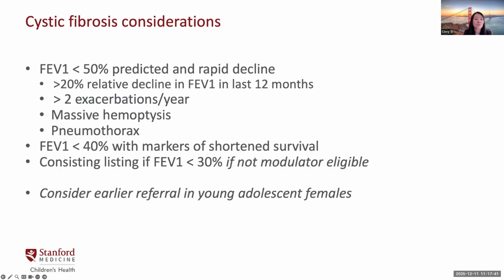This includes things like an FEV1 under 50% with a rapid decline, which includes greater than 20% decline in the last year, greater than 2 exacerbations or increasing exacerbations over time, things like massive hemoptysis and pneumothorax, in consideration of referral if the FEV1 is under 40%, in consideration of listing if the FEV1 is under 30%.